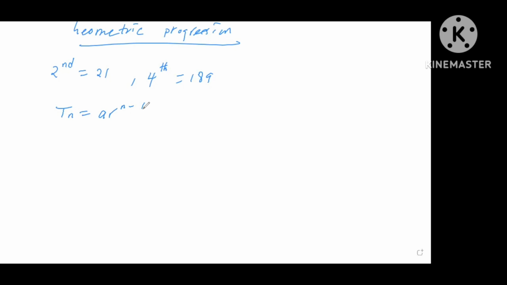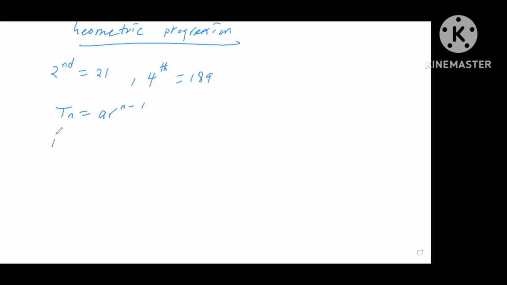So now we have been given from the question the second term and the fourth term, right? From the information that we have now, it is from these two equations that we have to formulate our equations.